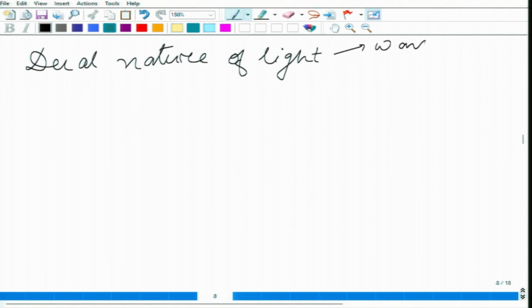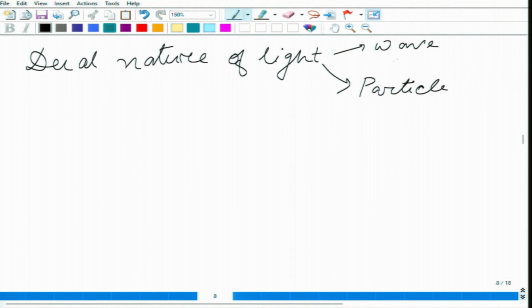One is the wave nature and another is the particle nature. But wave particle duality was still not proved exactly.